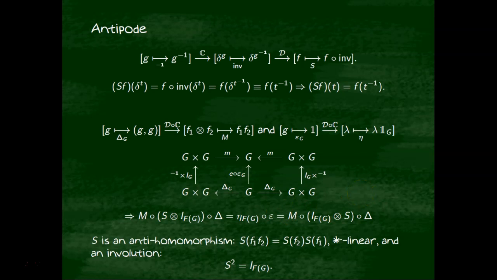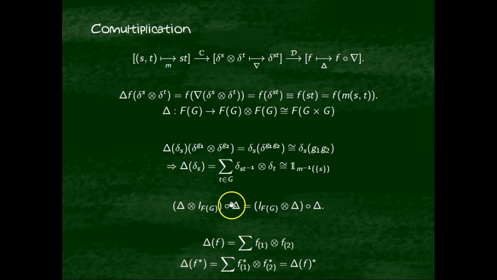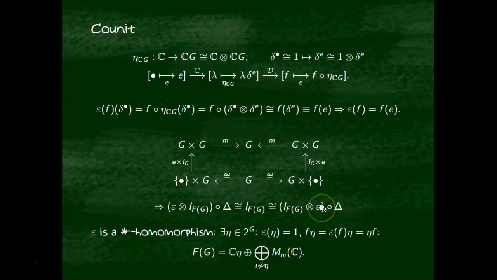So essentially now what we have is this co-multiplication, which goes from algebra functions to algebra functions tensor algebra functions, with this relation here. We have epsilon, the co-unit, which goes from the algebra functions to the complex numbers, with this relation here.